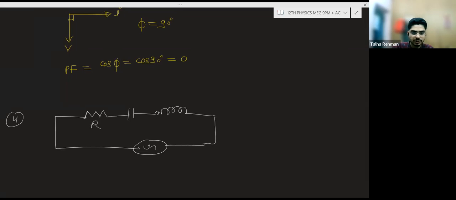So this has the resistance R, capacitance C, inductance L.